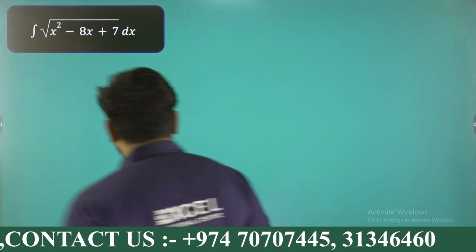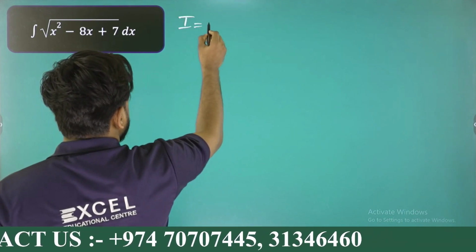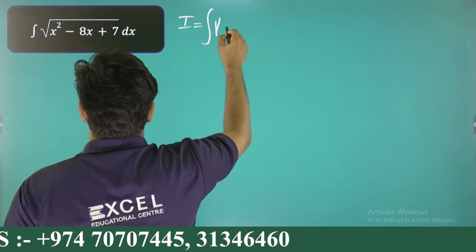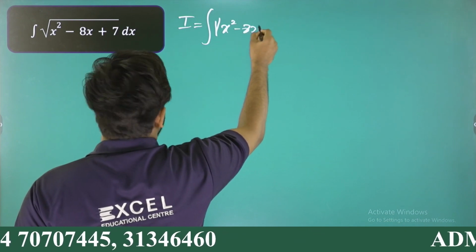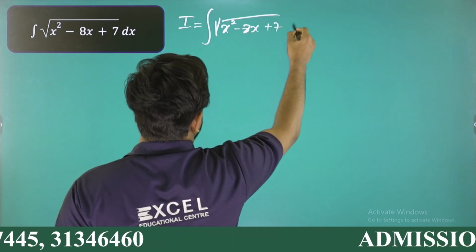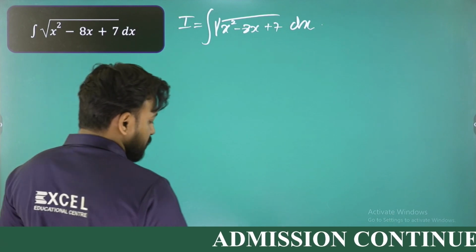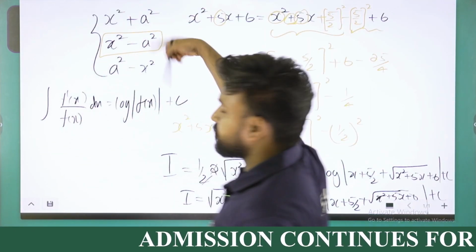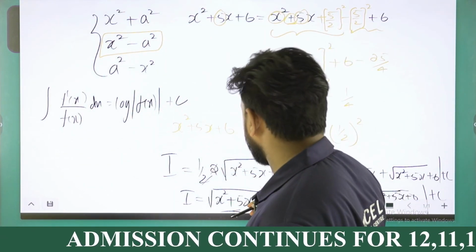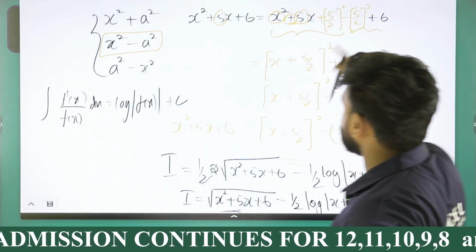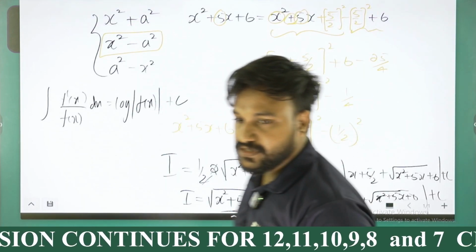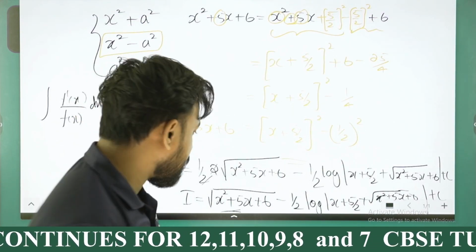So we have a question here. I is equal to integral of root of x square minus 8x plus 7 dx. Listen very carefully, it's not in any of these 3 formats, so we have to make it into one of these formats using the completing square method.